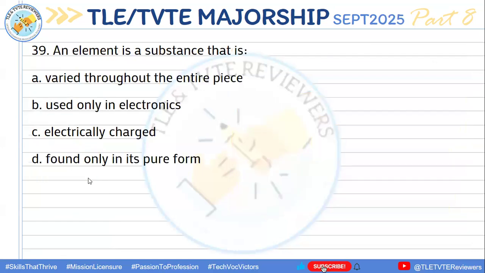Number 38, an element is a substance that is A, varied throughout the entire piece, B, used only in electronics, C, electrically charged, D, found only in its pure form.